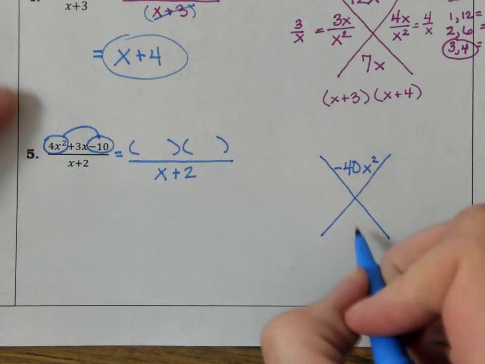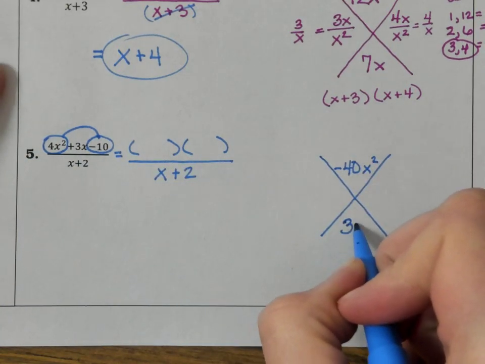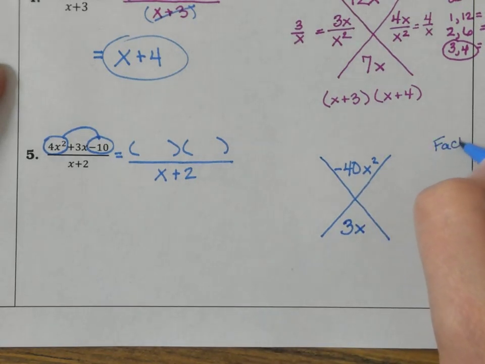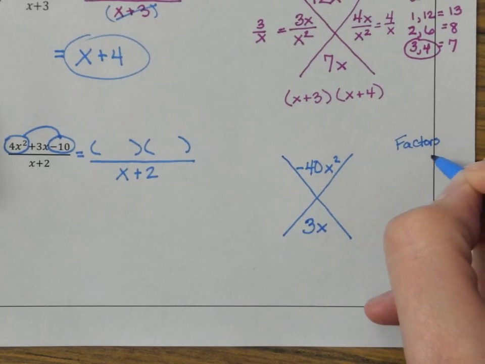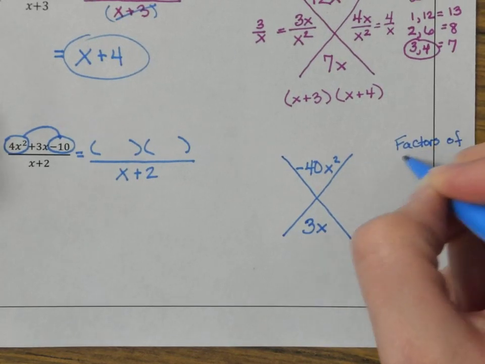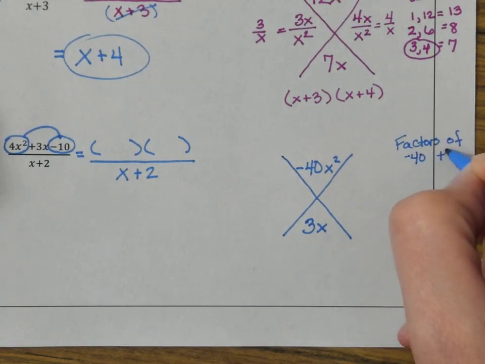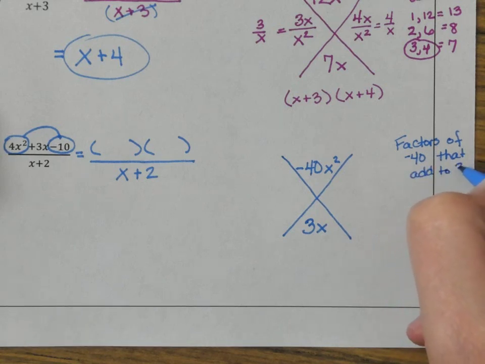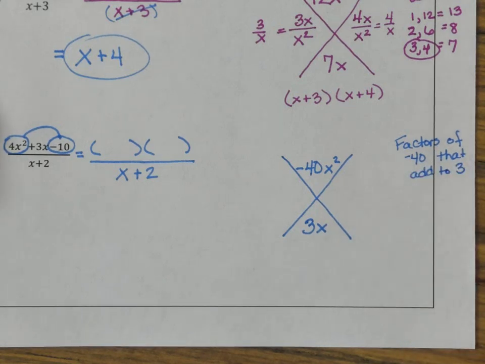Move the middle to the bottom. And so I'm looking for factors of negative 40 that add to 3.